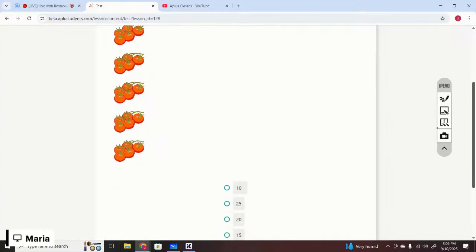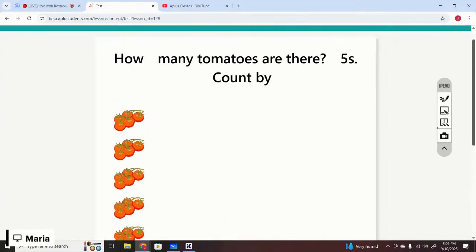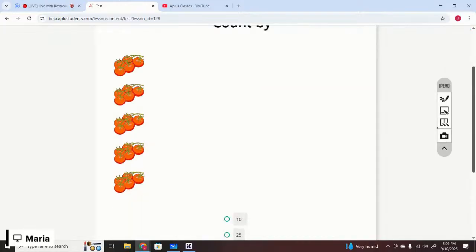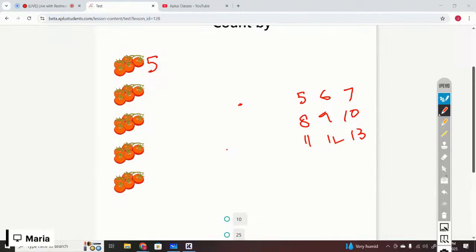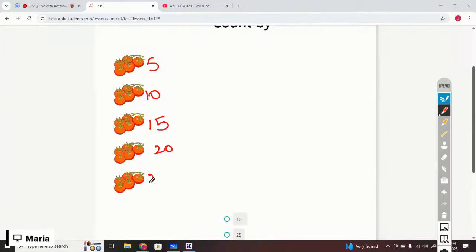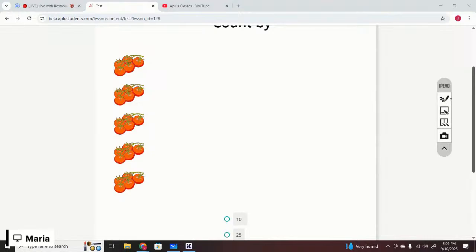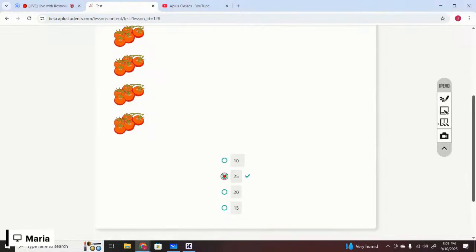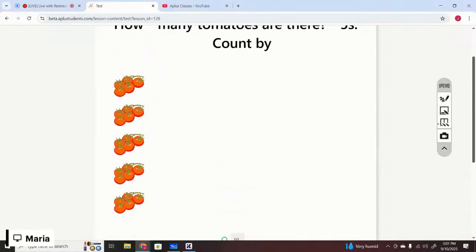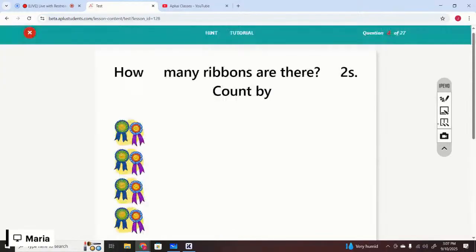Count by fives. We need to count by 5. So that is 5, 10, 15, 20 and 25. So when you skip count by 5, that is 25. Option number 2 is the correct option. We have 25 tomatoes.